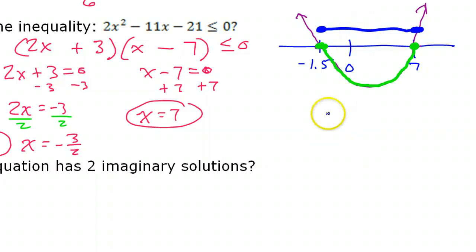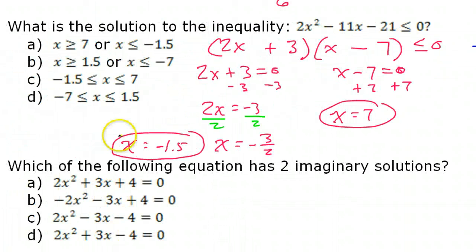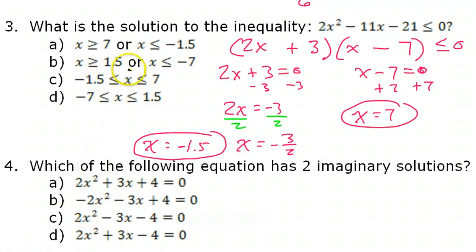Okay. Now normally we would do interval notation for this. So we would say, oh, check it out, negative 1.5 comma 7. Alright, from negative 1.5 to 7. But I'm looking at the answers here, and they're not giving us interval notation. They're giving us inequality notation.